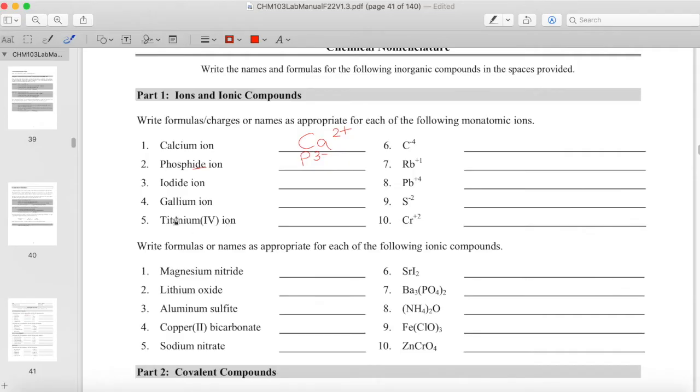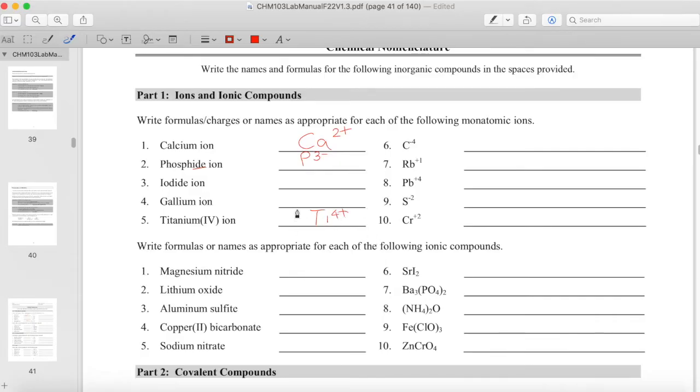So we take the symbol for titanium, which is Ti, and the periodic table won't tell us what the charge of titanium is because it's a transition metal. So you have to go off of that Roman numeral given to you. The Roman numeral 4 tells you that it's got a 4 plus charge.